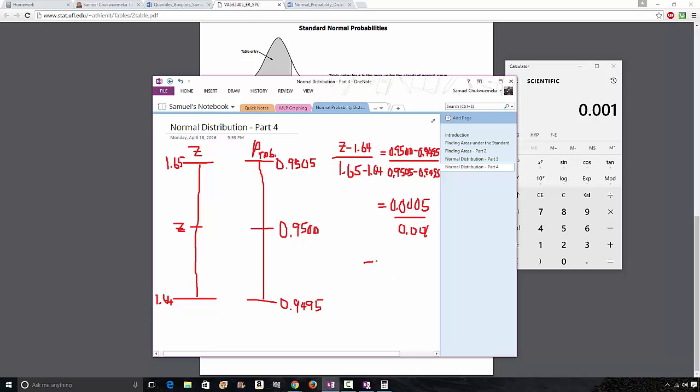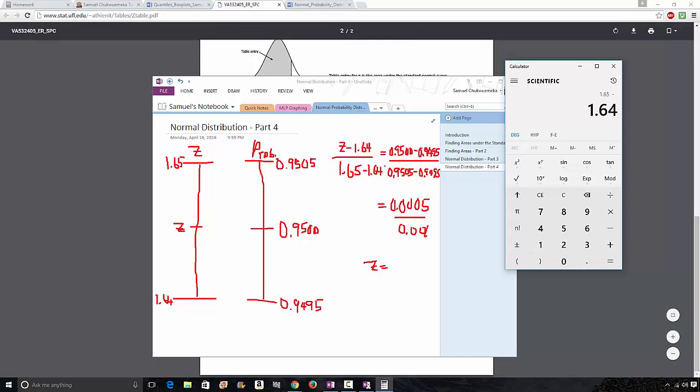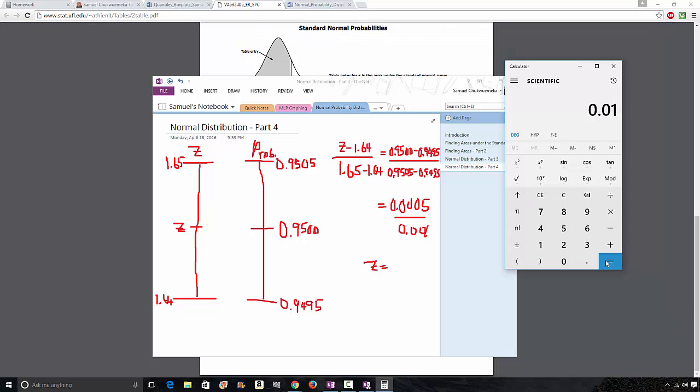So 1.65 minus 1.64 gives us 0.01, multiplied by 0.0005, then divided by 0.001, then plus 1.64. Okay, so this gives us 1.645.